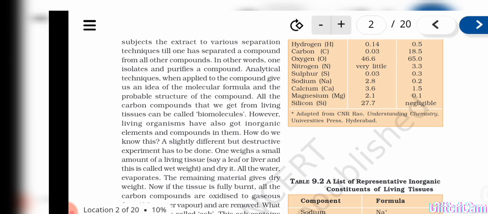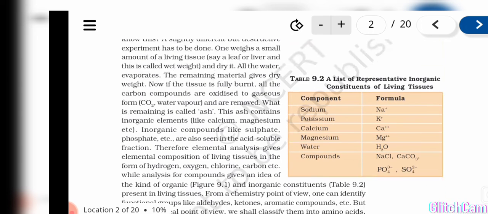So how will we get the inorganic molecules? By drying it. Then we'll get the dry weight, and then that material we have to burn. When you burn, the water content will evaporate, and what remains is called the ash, and that contains inorganic elements like calcium, magnesium, etc. Understood?